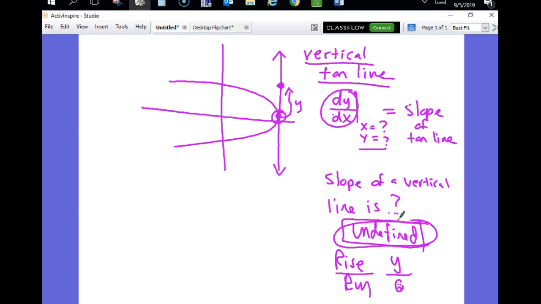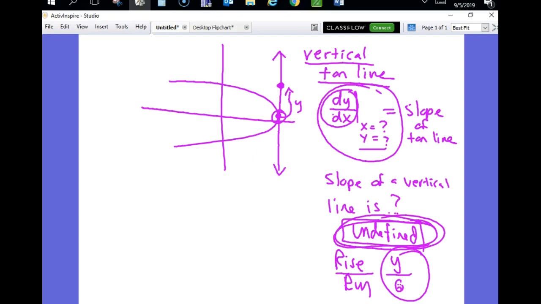So here's the deal. Here's what I want you guys to take away from this particular slide. First of all, if it's a vertical tangent line, the slope is undefined. And if the slope is undefined, that means the denominator of your slope must be 0. And since slope is really just your derivative, that means the denominator of your derivative would be 0 if the tangent line was a vertical line.